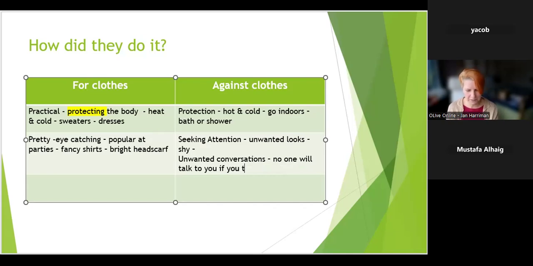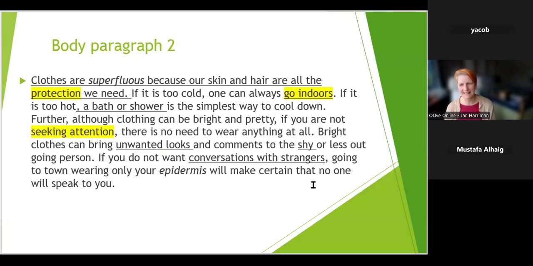Do you think this is true? No one will talk to you if you are naked? Okay. What do you think?